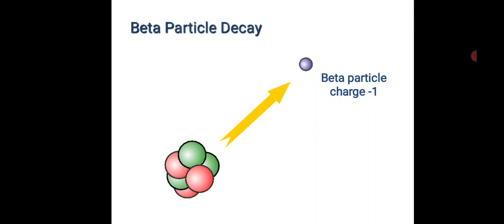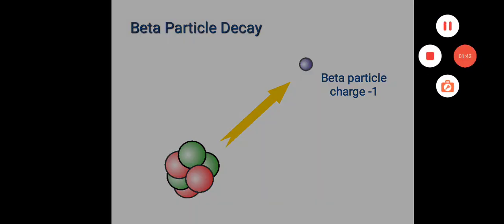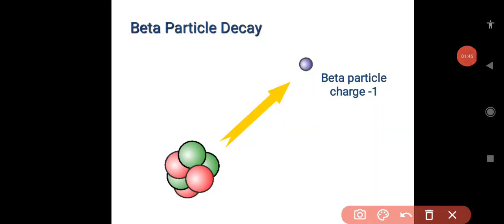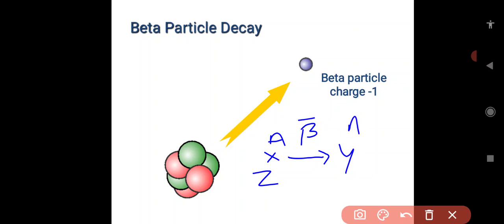For example, see here: AXZ, with the emission of a negative beta particle, gives A, Z plus 1, plus 0, with a negative charge.